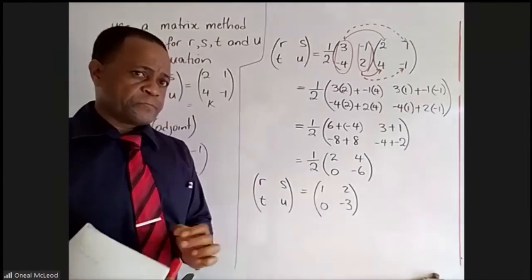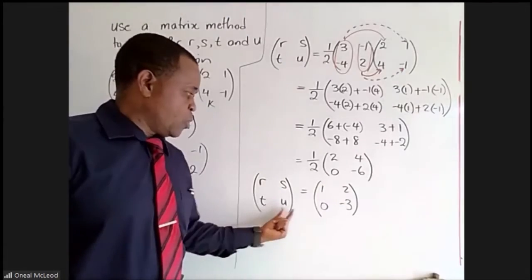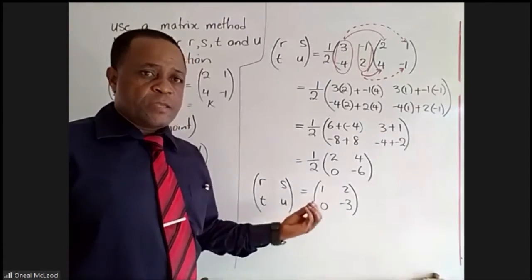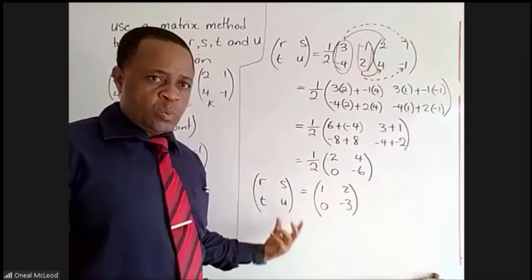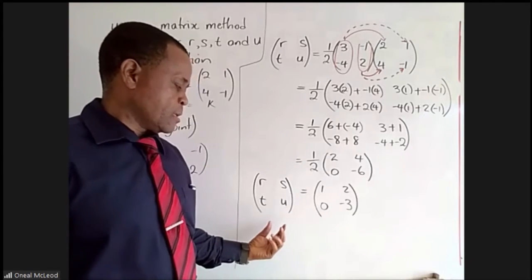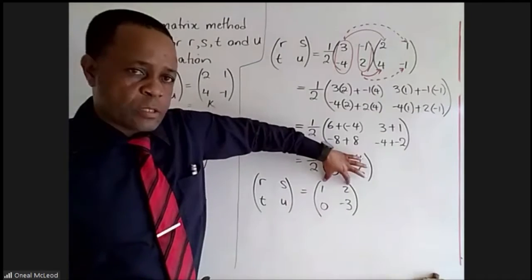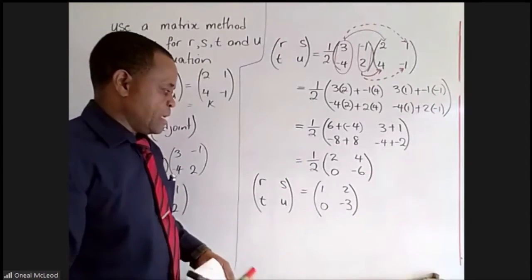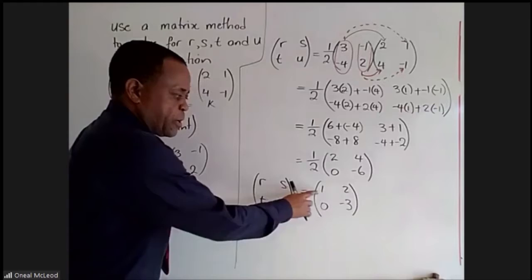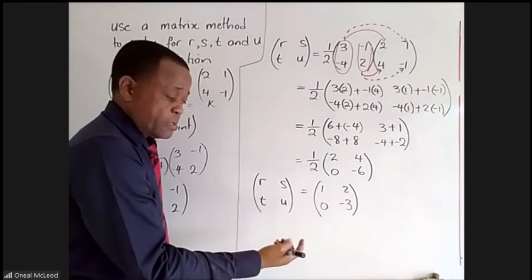Now notice here that the two matrices we have are 2 by 2 matrices, all right? If this matrix is equal to this one, then it simply means that the corresponding elements are equal.